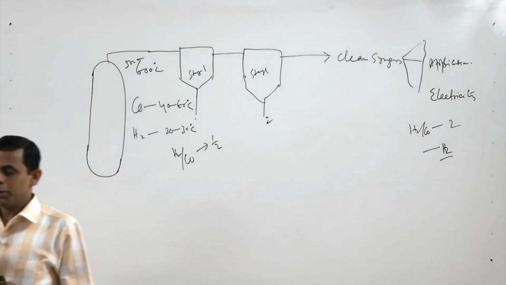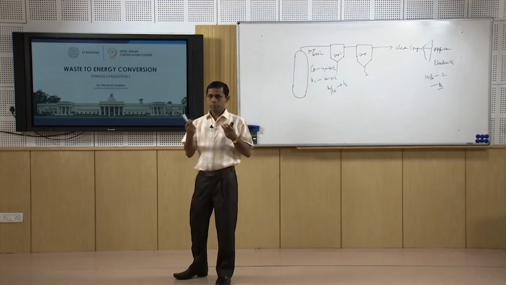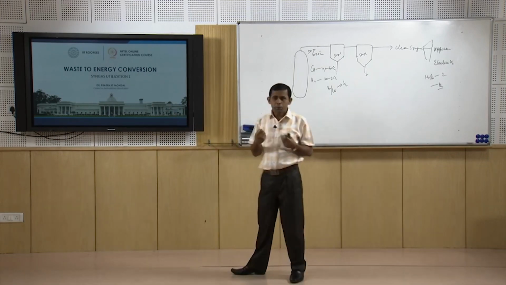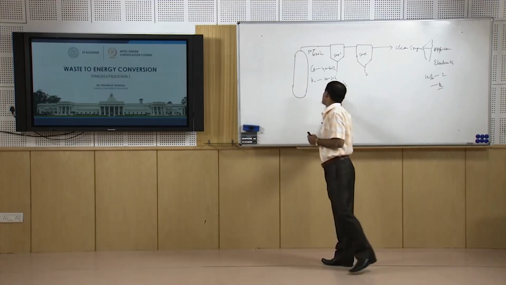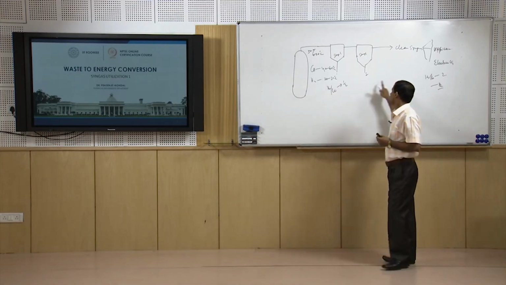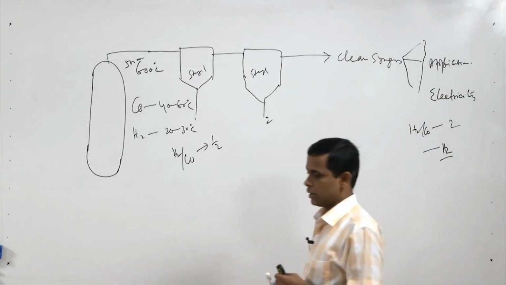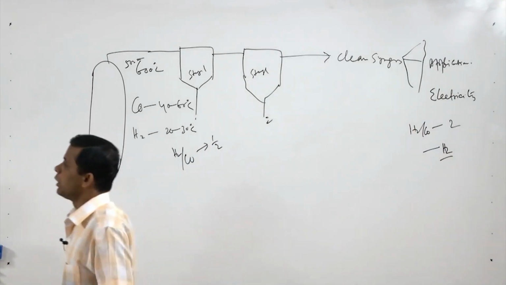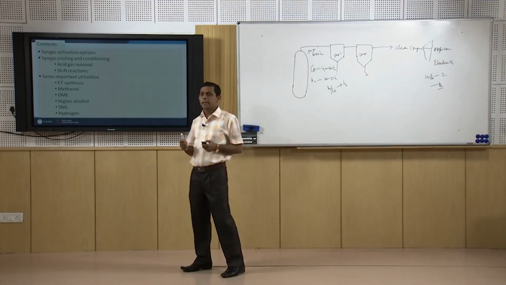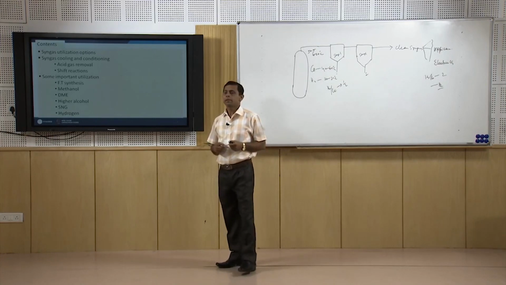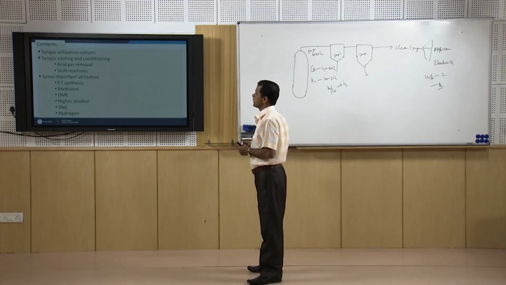Therefore, we need to cool the syngas, remove the impurities from it, as well as control the H2 by CO ratio. All those things we have to do first, then we will go for different applications. So, in this module we will discuss syngas utilization options, syngas cooling and conditioning, that includes acid gas removal and shift reactions.